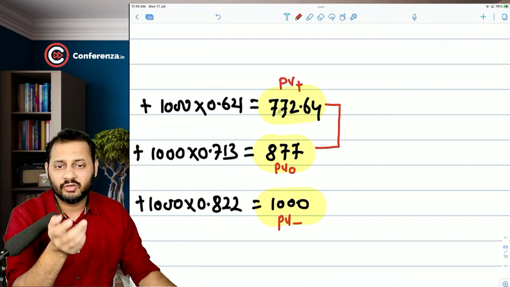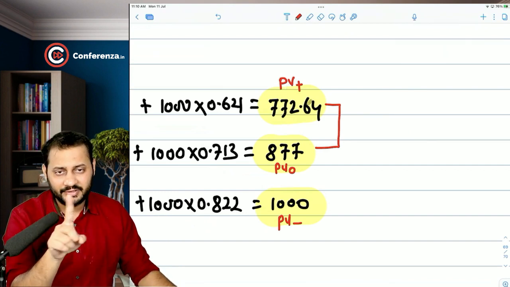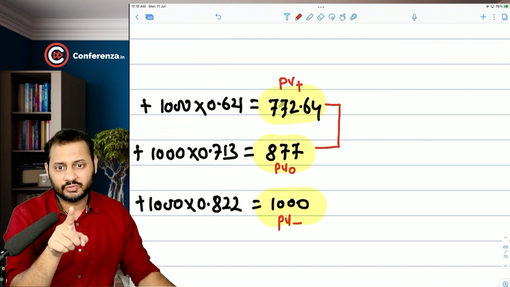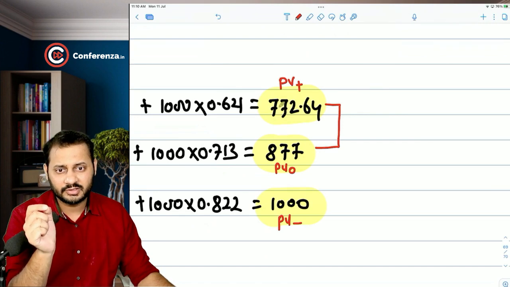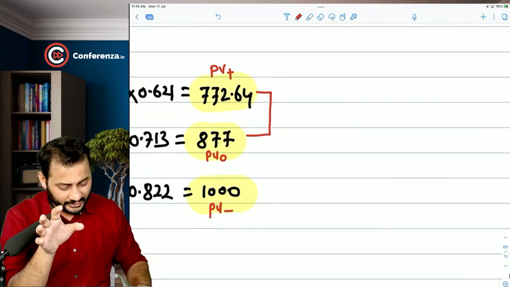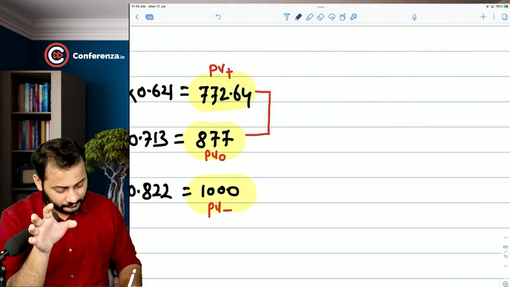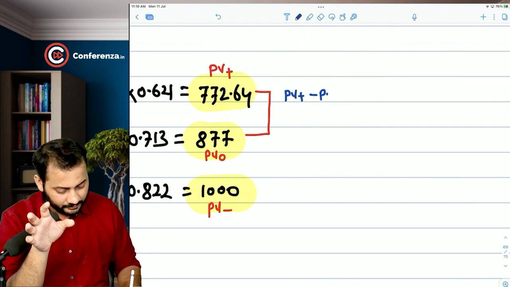So instead of that, what I will do is put 772.64 in the numerator minus 877. Once I deduct from the smaller figure, keeping the smaller figure first, the answer will be negative. So can I write it like this? PV plus minus PV0 divided by PV0.